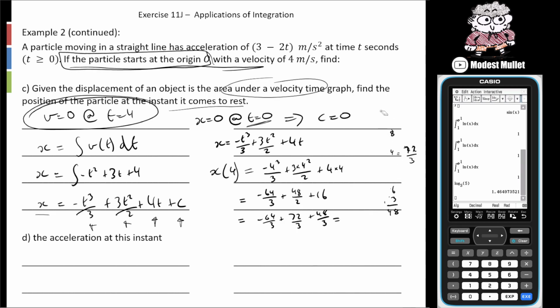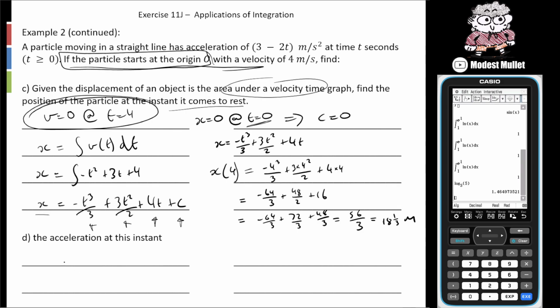That is all going to become negative 64 plus 72 is 8, 8 plus 48 is 56 on 3. There we go, which is, position-wise, as a mixed number, 18 and 1/3 meters. Yes, we were dealing with meters per second, so there we go.